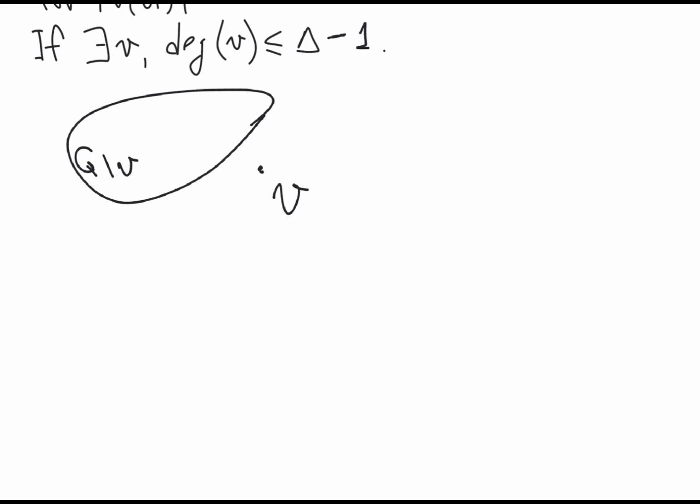So this is only one case. Later we will consider the case when there is no such vertex.